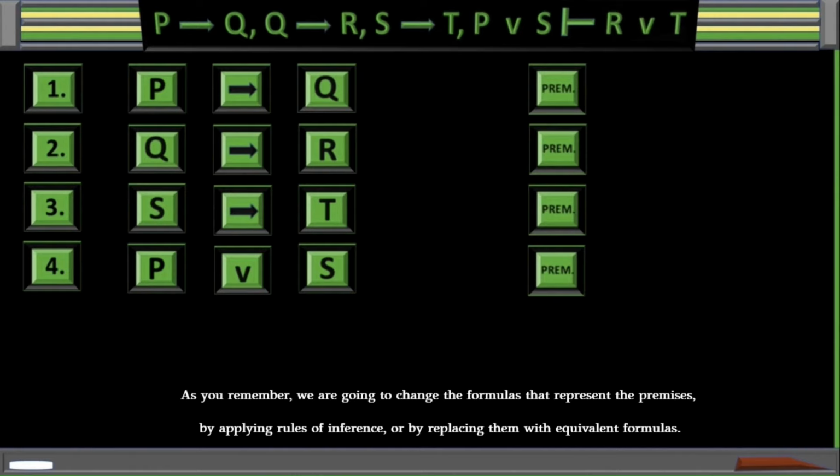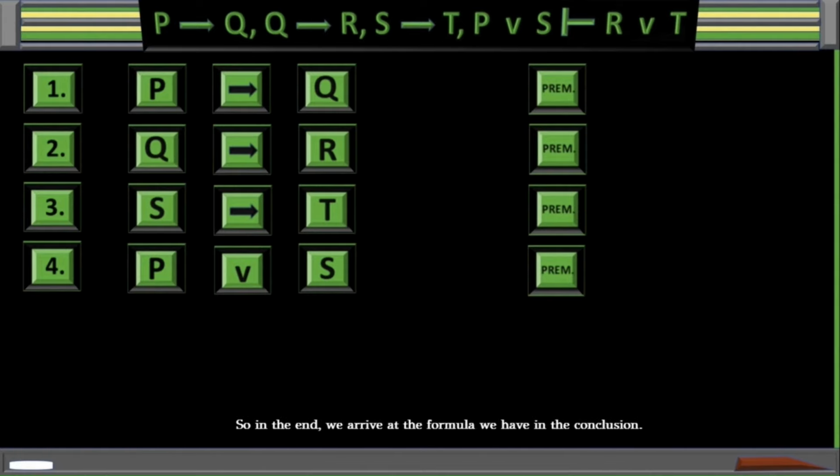As you remember, we are going to change the formulas that represent the premises by applying rules of inference, or by replacing them with equivalent formulas. So, in the end, we arrive at the formula we have in the conclusion. We look at the set of formulas that represent the argument up at the top of the chart.